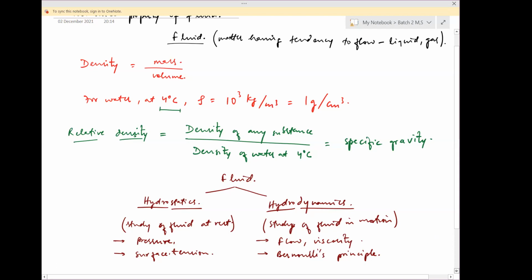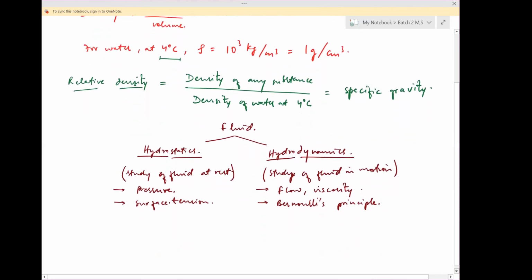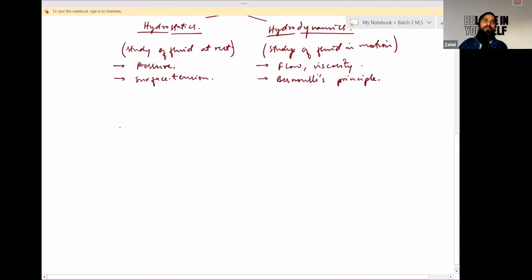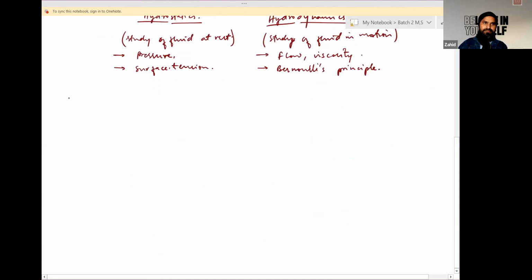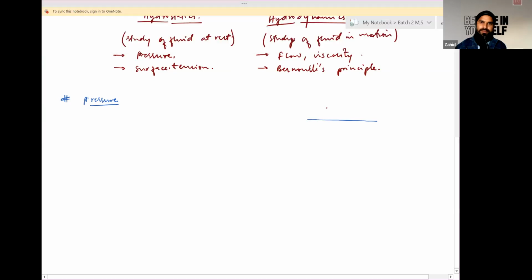Okay. So let's start with the first part, that is pressure. Suppose you have a surface like this, on which force is applied. Let's say one is along this direction and the other is along this direction.